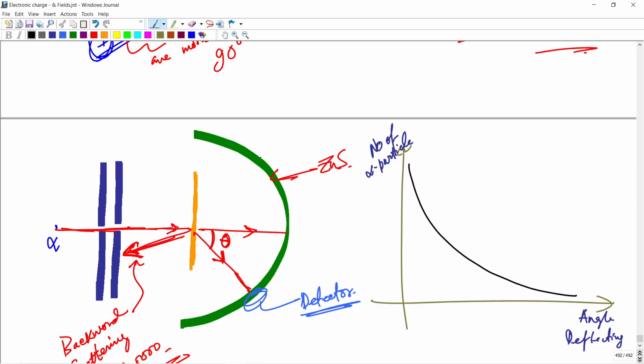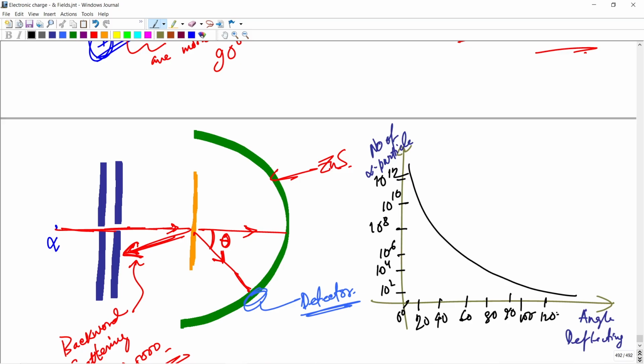Suppose the scale is 10 to the power 4, 10 to the power 6, 10 to the power 8, 10 to the power 10, 10 to the power 12, and the angle is 0 degree, 20, 40, 60, 80, 90, 100, 120.